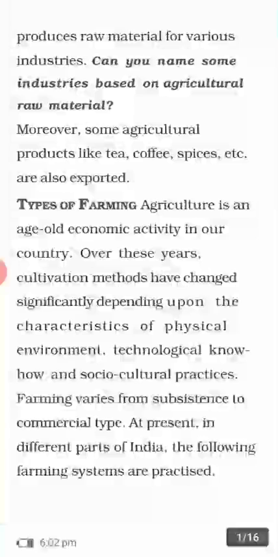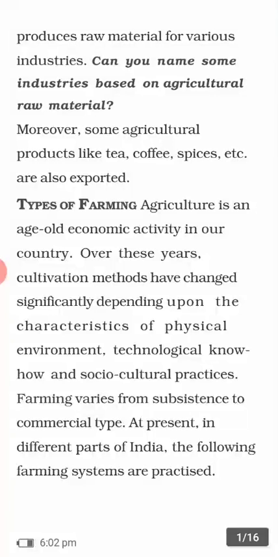Okay, agriculture, as you know, is an economic activity as well as a subsistence activity. It means that people do agriculture to sustain themselves as well as to earn money.